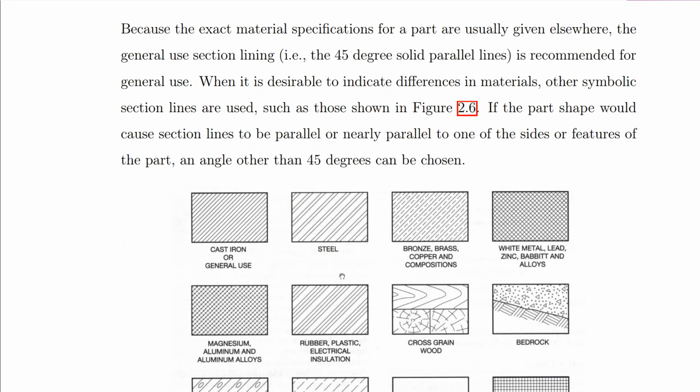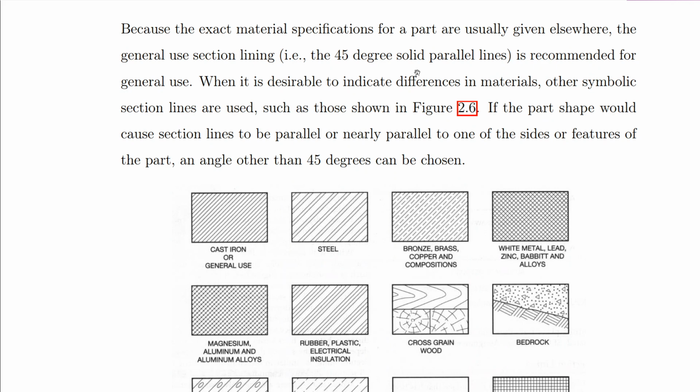Because the exact material specification for a part is usually given elsewhere, the general use section lining is recommended for general use. Okay, so the general use section lining is the 45-degree solid parallel lines. That's what is basically recommended in all cases.